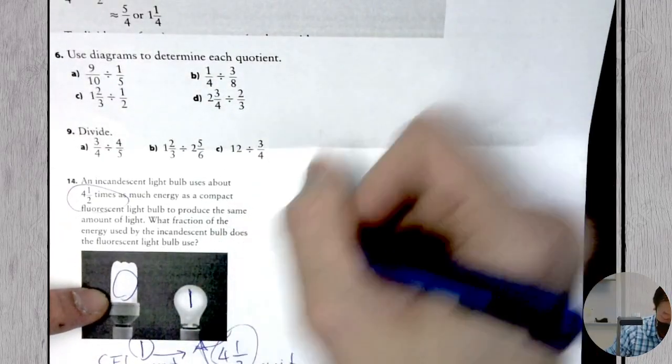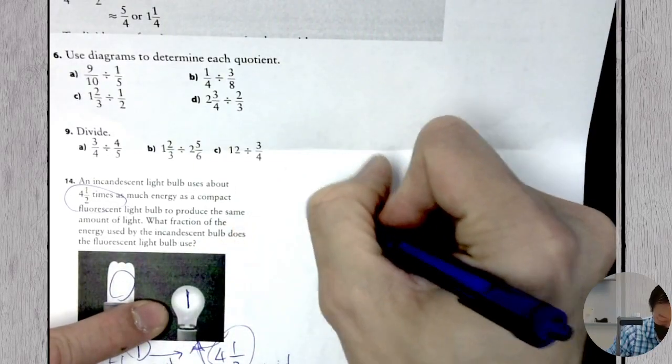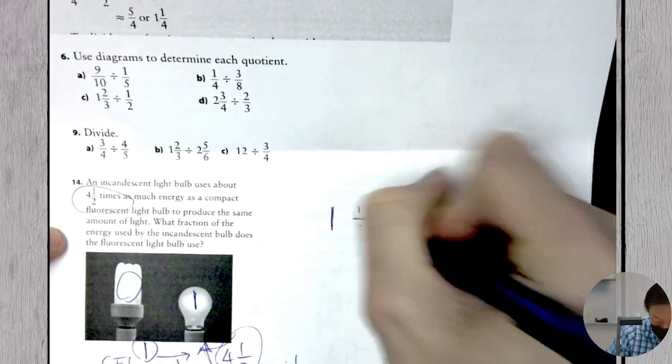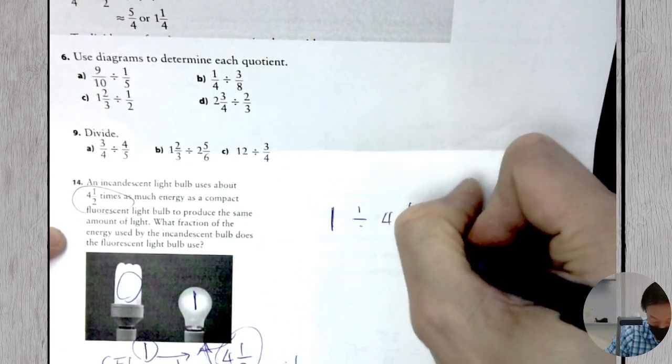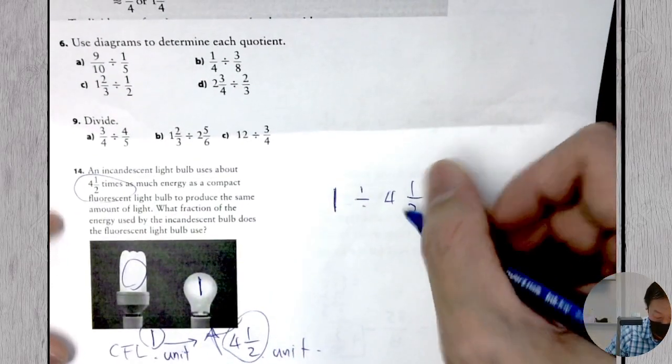So let's call that 1, divided by 4.5. That's what it's asking, okay? What is that in fraction?